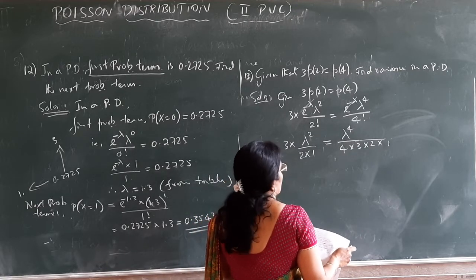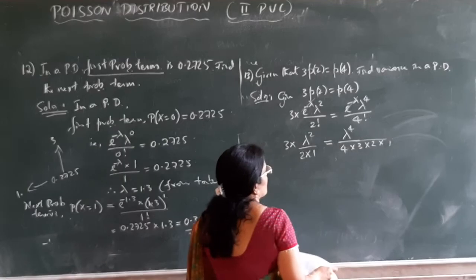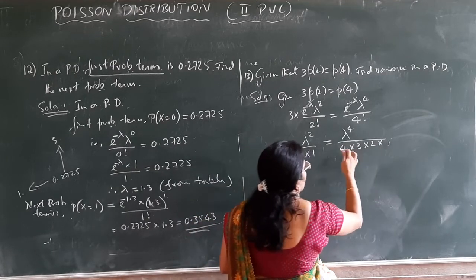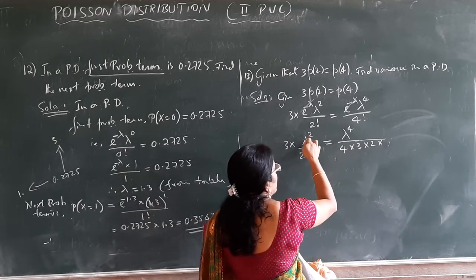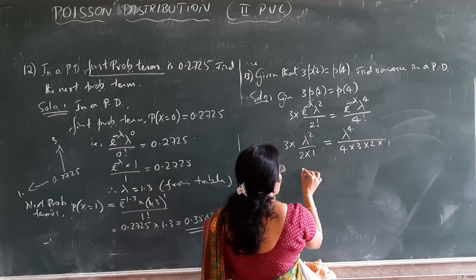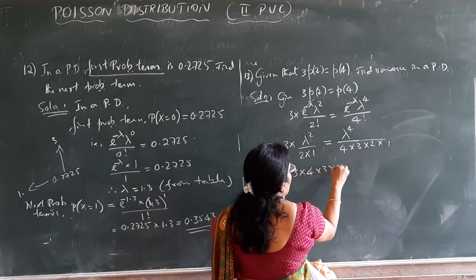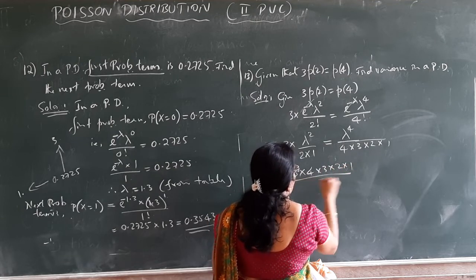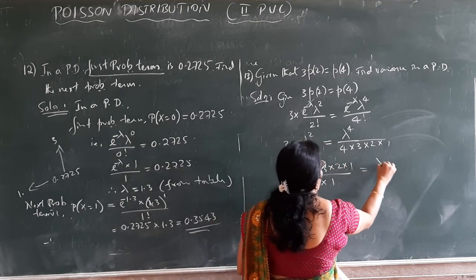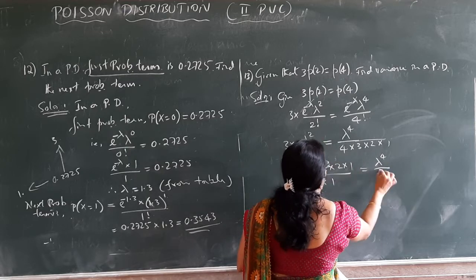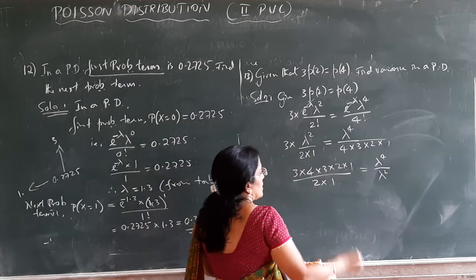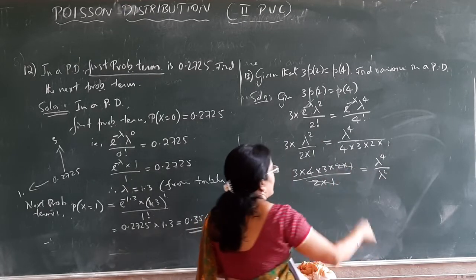Now continue this. We can simplify some factors. Bring this product to the left side, bring this lambda square to the right side. So you will be getting 4 into 3 into 2 into 1 divided by 2 into 1, times 3, is equal to lambda power 4 divided by lambda square, right? Here 2 into 1 gets cancelled.